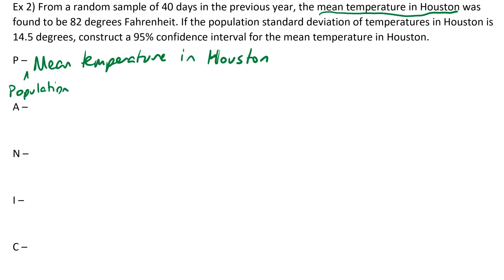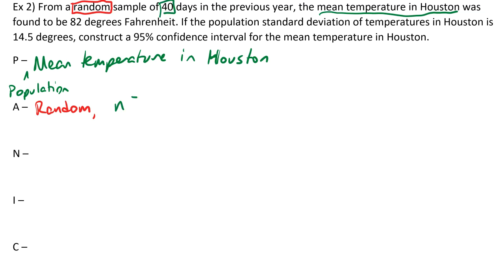All right, the A stands for assumptions and conditions. So first off, it is random. Second, we either need it to be normally distributed or n is greater than or equal to 30. Now, in this case, it doesn't say anything about being normally distributed. However, we took a sample of 40 days. So n equals 40.